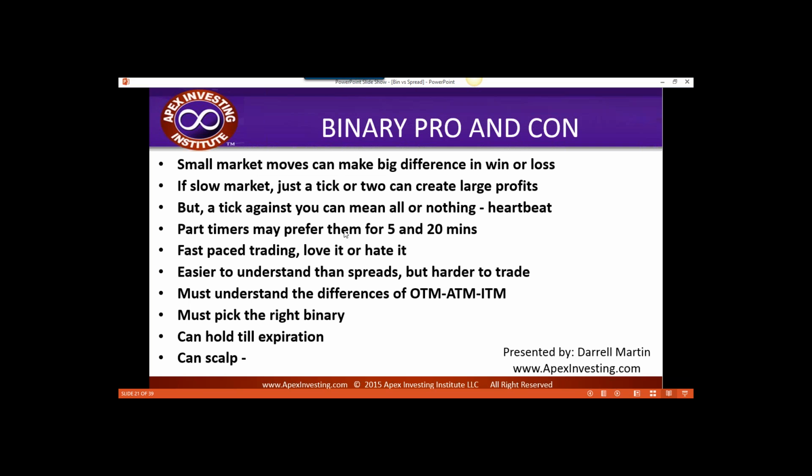They're easy to learn and easy to understand, but a little bit harder to trade, because you do have expiration times and out of the money and in the money. Am I picking the right one? I like that just a couple of ticks in movement can go in my favor and I can make a lot. Also remember, just one tick against your strike can make it go way down in value quickly, or at expiration it can be worth zero.